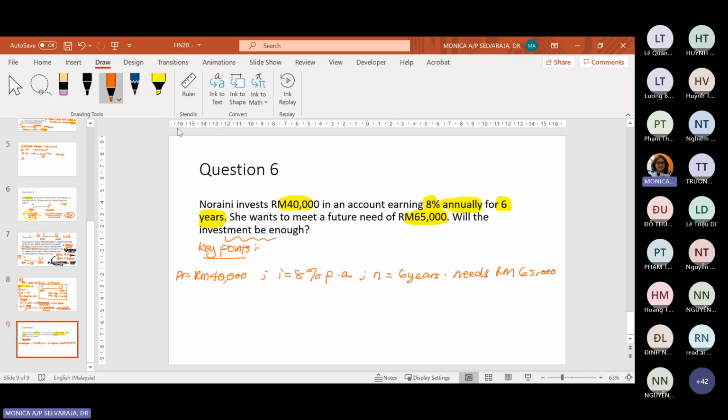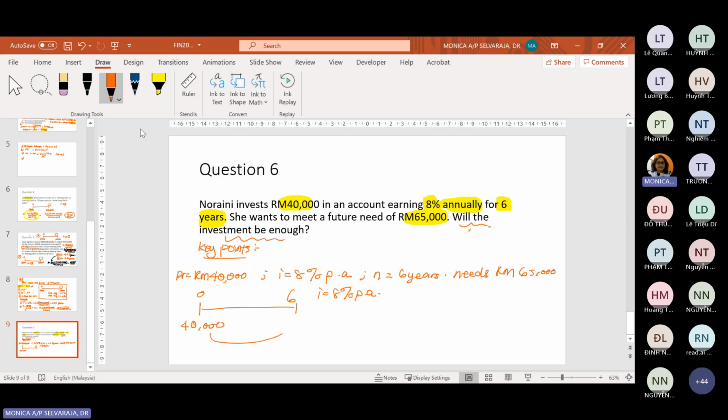Will this investment be enough? At zero years, put in 40,000.